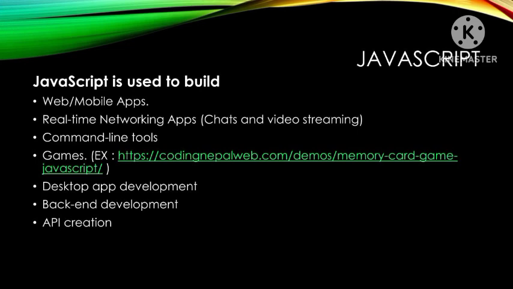So what type of scripting language is JavaScript? JavaScript is basically a client-side scripting language. What do you mean by client-side scripting language? It means the client-side code is not contacted with the server for each and every step.